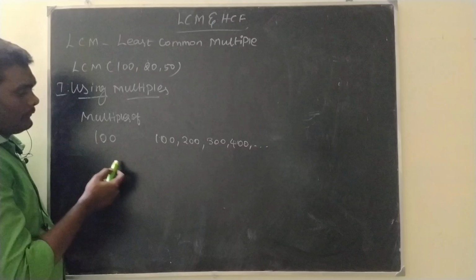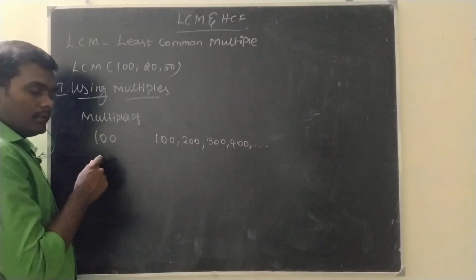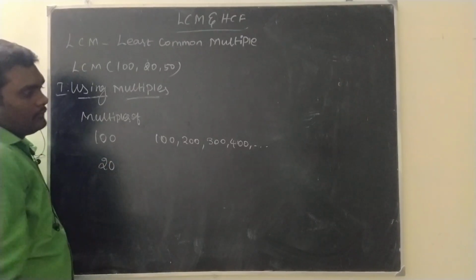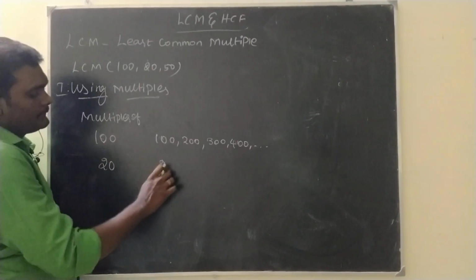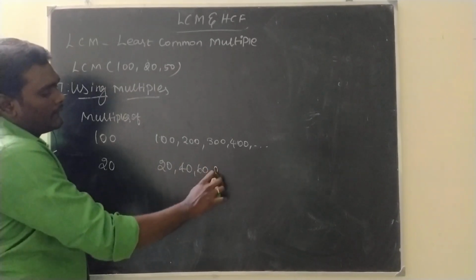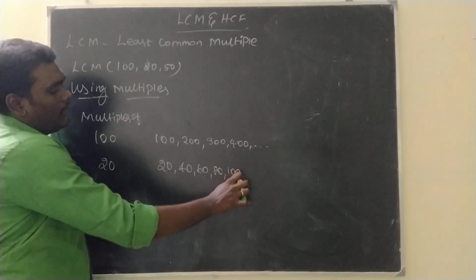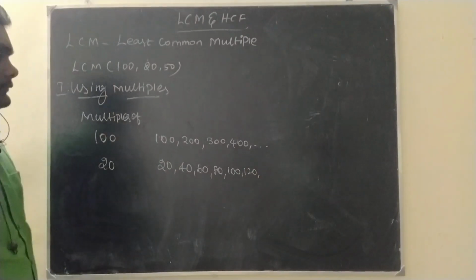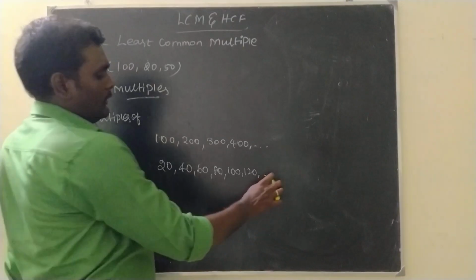And this second number, 20. What are the multiples of 20? 20, 40, 60, 80, 100, 120 and so on.